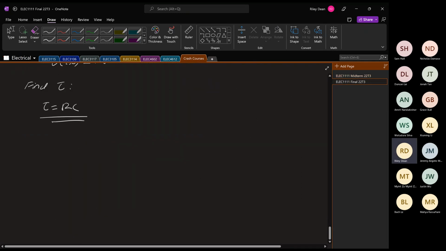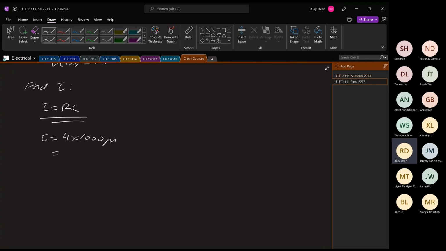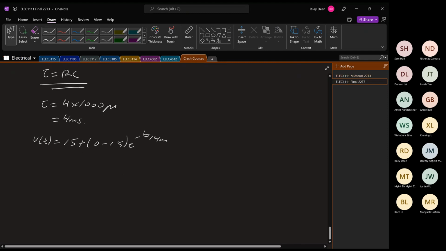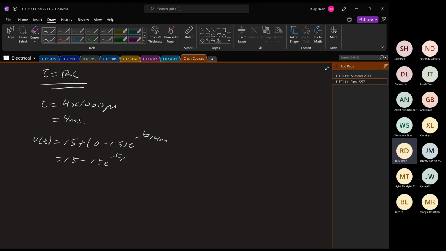As such, we can say that tau is equal to 4 times 1,000 micro, which gives us 4 milliseconds. From there, that allows us to say that V(t) for that first 30 milliseconds is 15 plus 0 minus 15 e to the minus t on 4m. You can simplify that to e to the minus t over 4m.